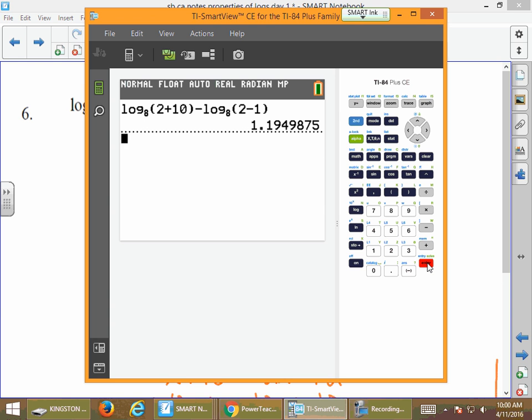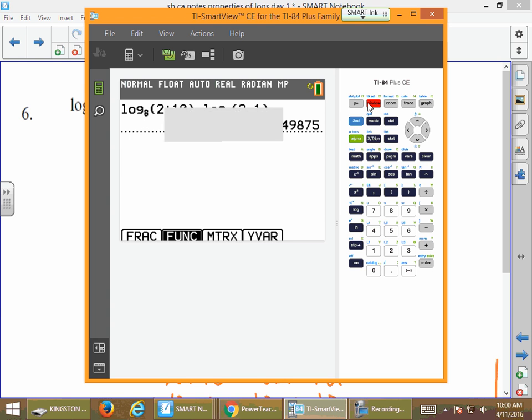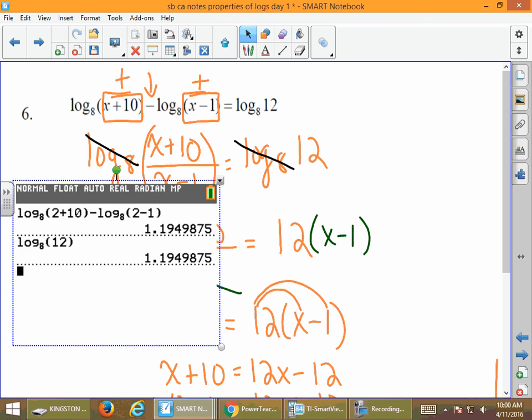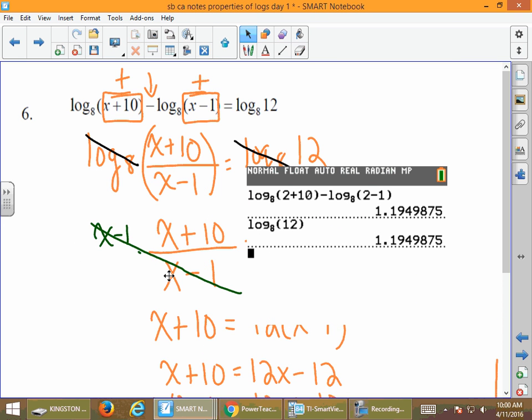And then when we check it to match the other side, log base 8 of 12, we should get the same value. So it's a nice checking technique when you're taking a test or a quiz.